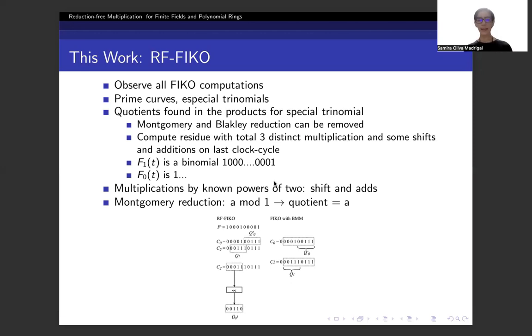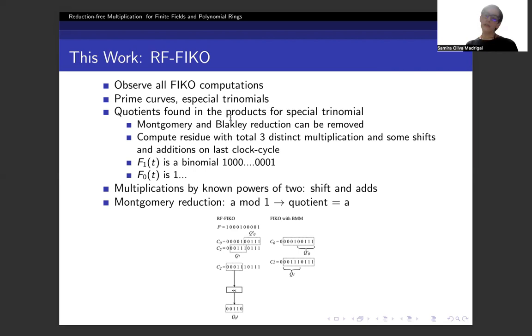And yes, indeed, that is the case when the modulus polynomial has a particular form. Ideally, we would like it to be a binomial, but we are working with a trinomial for our purposes, of necessarily odd prime degree.